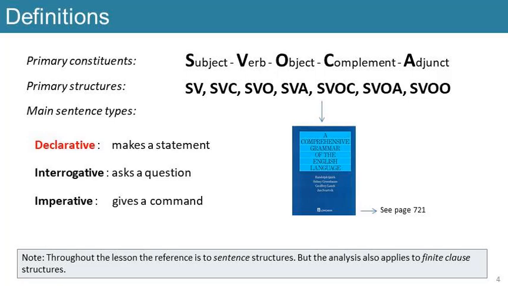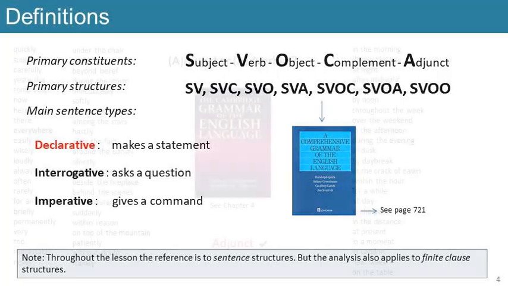These are declarative structures, in other words, sentences that make statements. But we will also take a brief look at interrogatives, asking questions, and imperatives, giving commands.